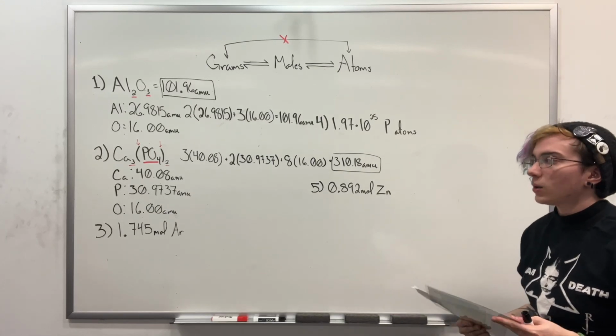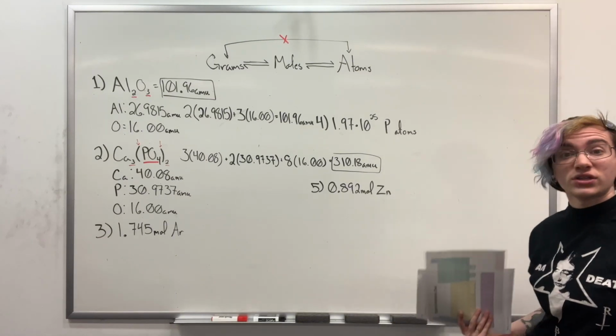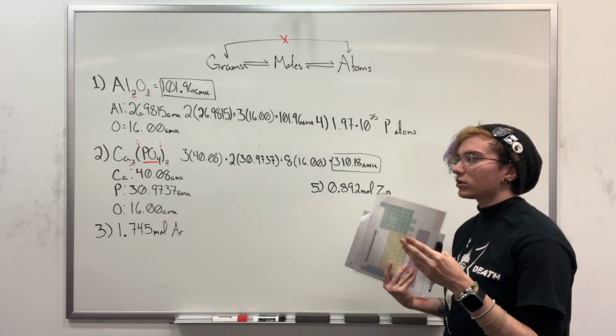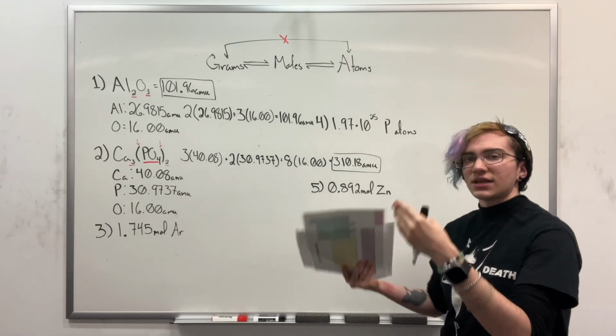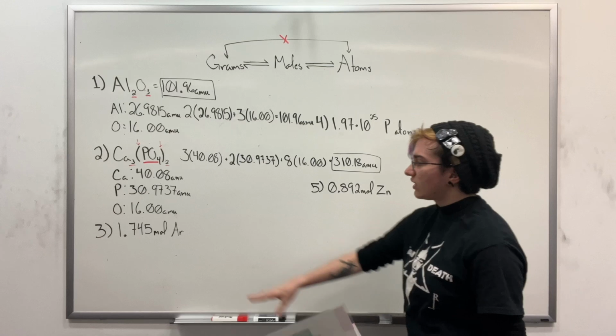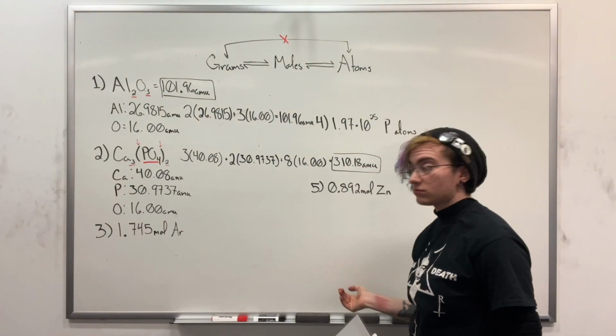You're going to notice that a lot of these calculations are dimensional analysis, taking our knowledge of these units, 1 mole is equal to Avogadro's number, and setting it up as a fraction to be able to get out of moles and into our desired unit, in this case, atoms.